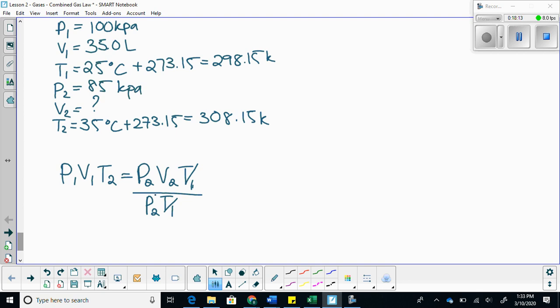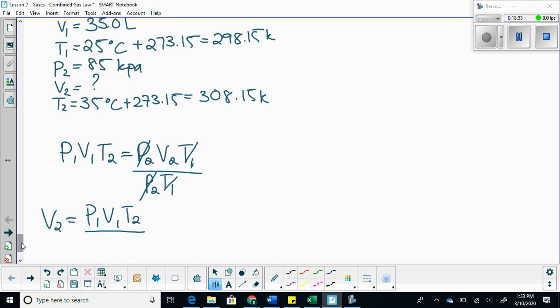T1 cancels, and P2 cancels. So the formula I get is V2 is equal to P1, V1, T2 over P2, T1. Order does not matter because you are multiplying.